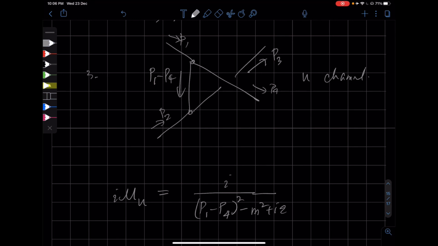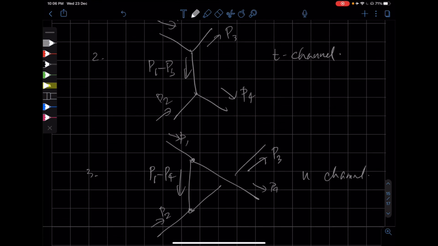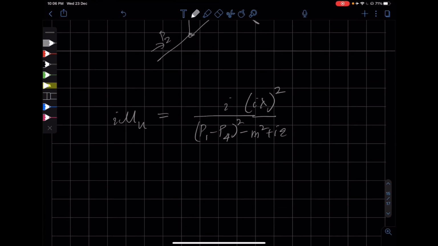And then we are going to have i lambda squared, because we have two vertices, and then we have one propagator. So this is going to be the U channel amplitude, and we can write the amplitude for the other channels similarly. See here there is no integral over an undetermined momentum, so these diagrams will not diverge.